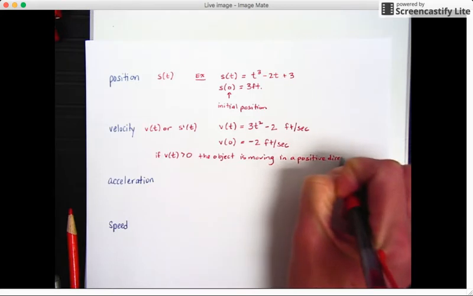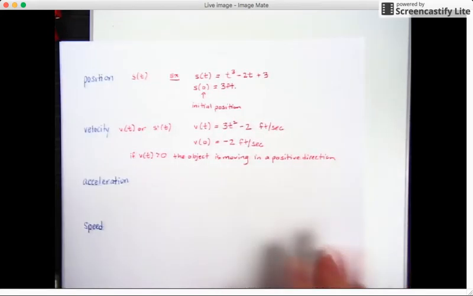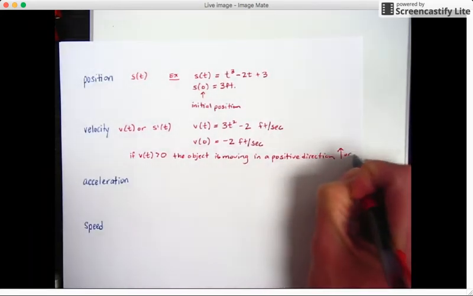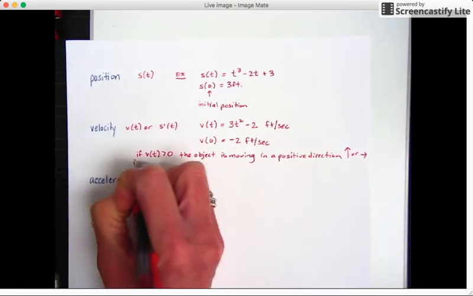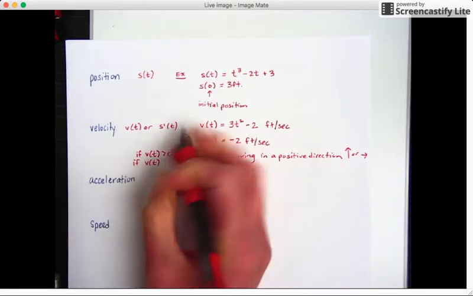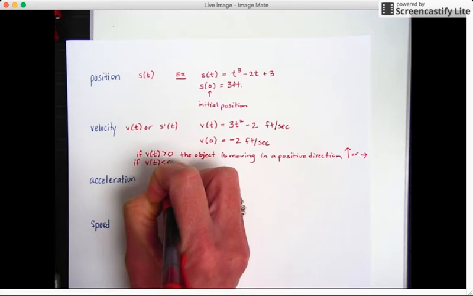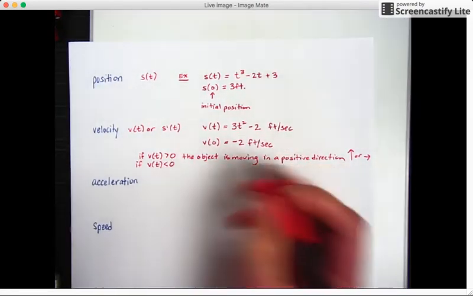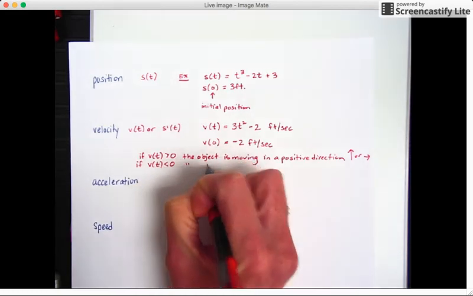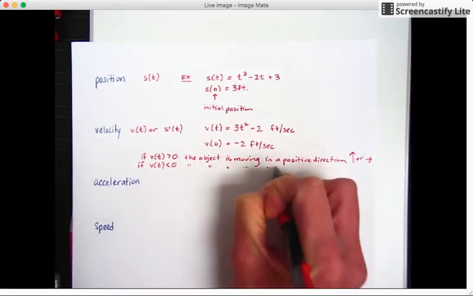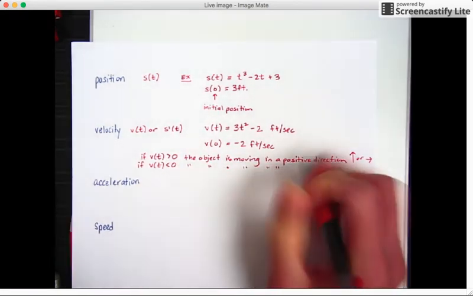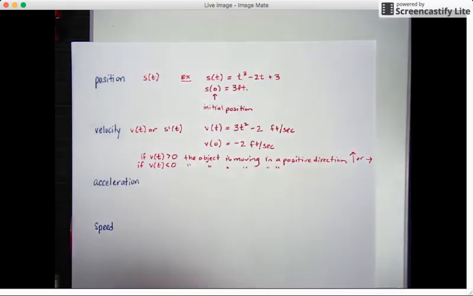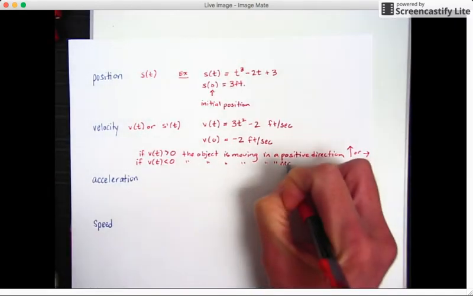So that would be like up or to the right. If my velocity value is negative, so my rate of change in my position is negative, that means the object is moving in a negative direction.